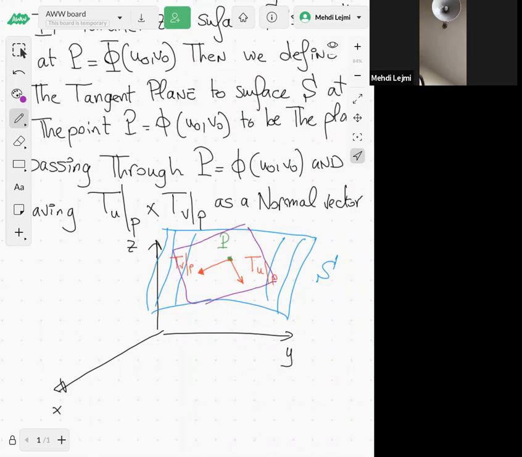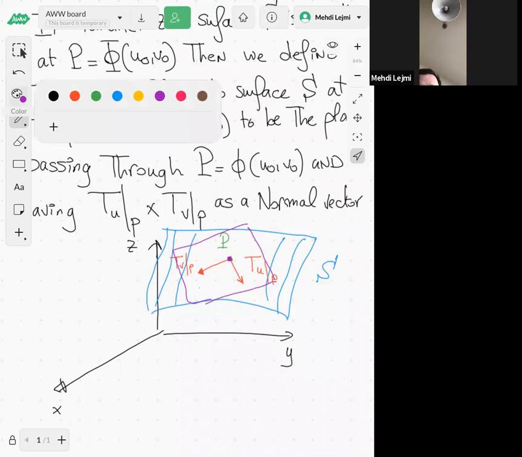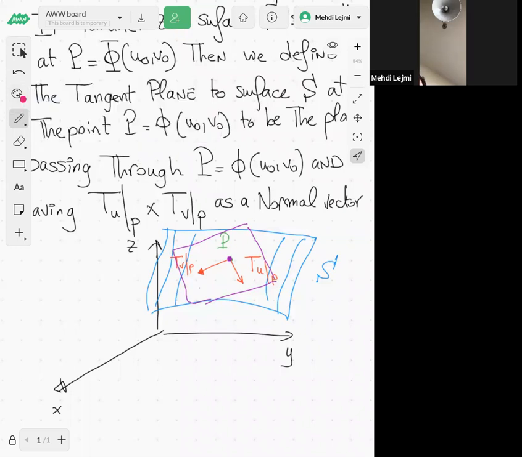It contains the point P, of course, and it's spanned by these two tangent vectors. And if you take the cross product of T_u with T_v, that will be a vector which is perpendicular to the plane.